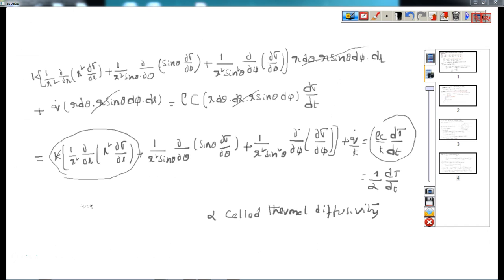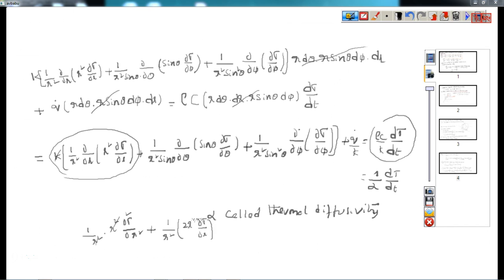Therefore, I can write it as 1 by r square into u, therefore r square into dou square t by dou r square, so r square gets cancelled, plus 1 by r square into differentiation of r square, which is 2r, dou t remains the same, dou t by dou r.